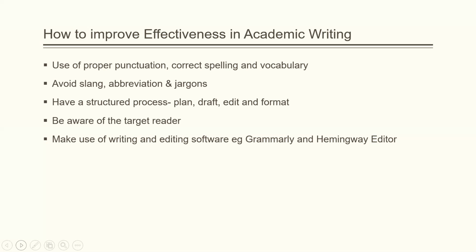Make use of writing and editing software such as Grammarly and Hemingway Editor. Two examples are given. One is Grammarly and next is Hemingway Editor. So this could be used to improve your writing and format your writing.